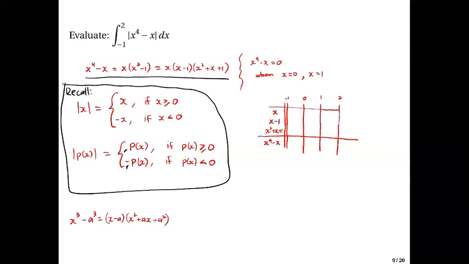We need to get the signs. Take note, for this part here, when x is between -1 and 0, this is negative. And when x is greater than 0, well, this is positive here and positive here.